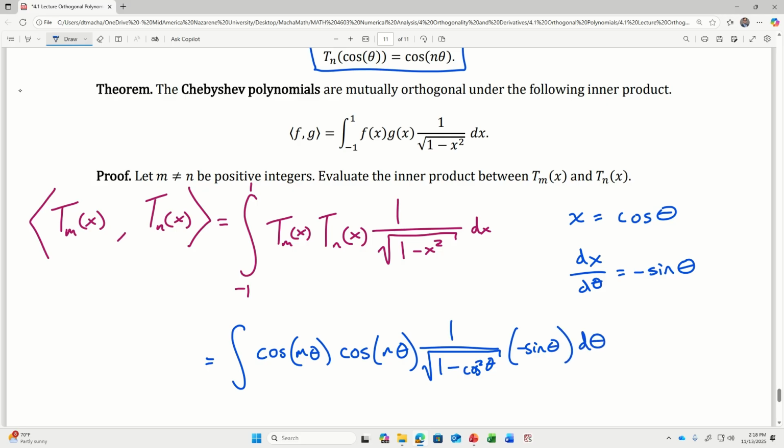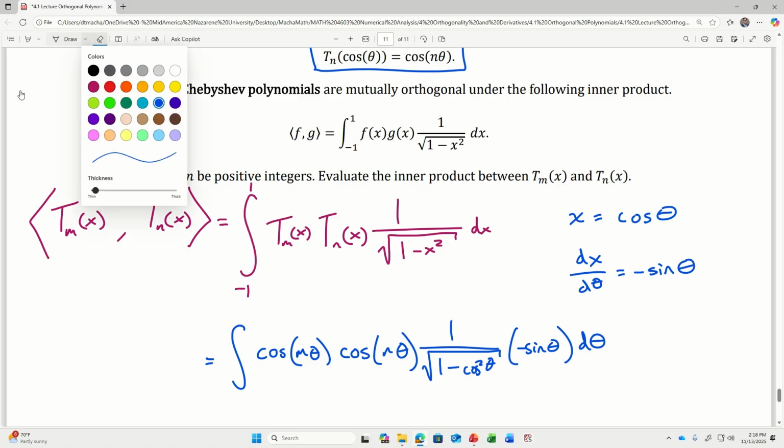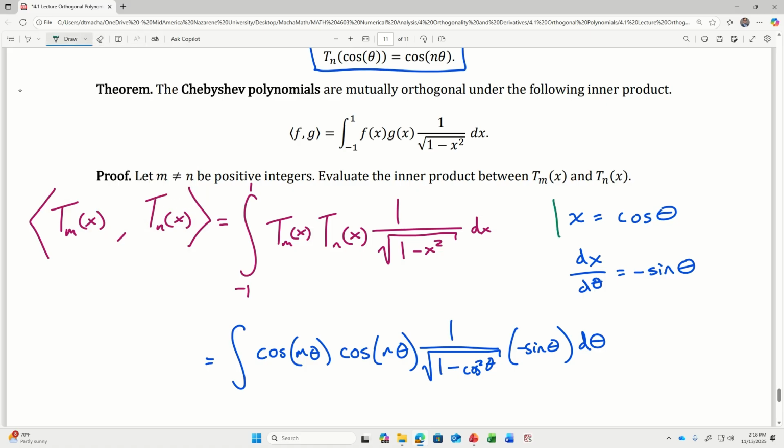And then dx is going to get replaced by negative sine theta d theta. The lower bound, -1, is now going to become what? We're going to use this right here to determine when x was equal to -1, what theta is going to make cosine of theta equal to -1? Pi.